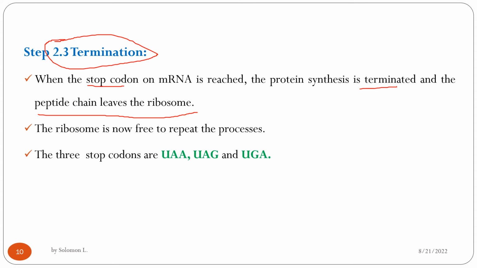The three stop codons are uracil, adenine, adenine; uracil, adenine, guanine; and uracil, guanine, adenine. Whenever the process reaches one of these stop codons, protein synthesis is terminated. So this termination is the third step of translation.